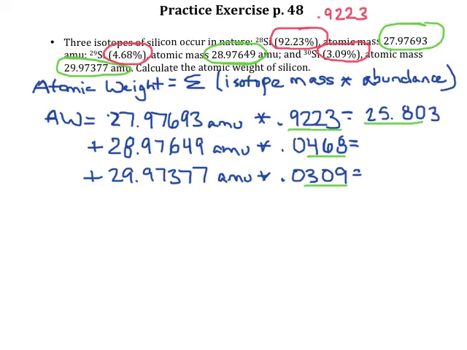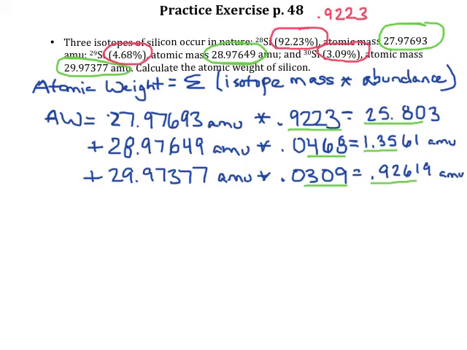If I do the next calculation, I'm going to get 1.3561 AMU. And again, I only get 3 significant figures, so I'm going to go ahead and underline those. Next calculation, I'm going to get 0.92619 AMU, and again I only get 3 significant figures here.